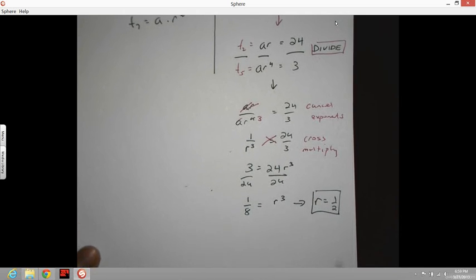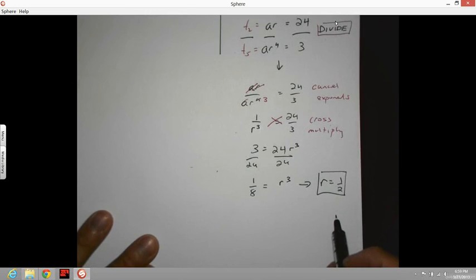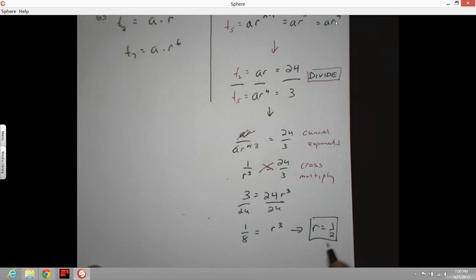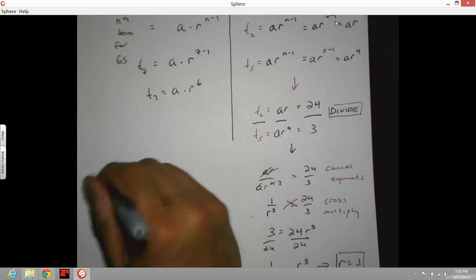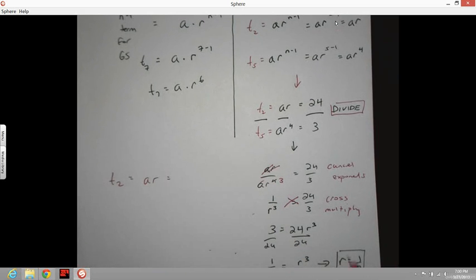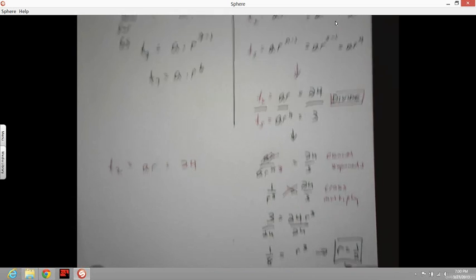Now that I know R equals 1/2, do you think I could solve for A? Well, truth be told, I can probably figure that out. Because remember, T2 is equal to A times R, and it was equal to the number 24, right? Well, I know my R is actually 1/2.